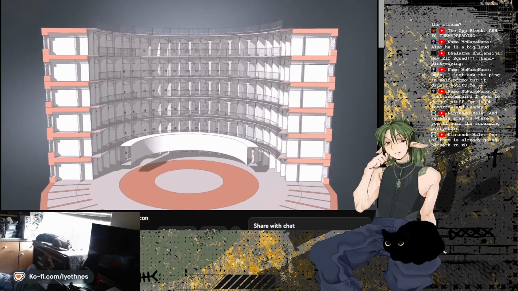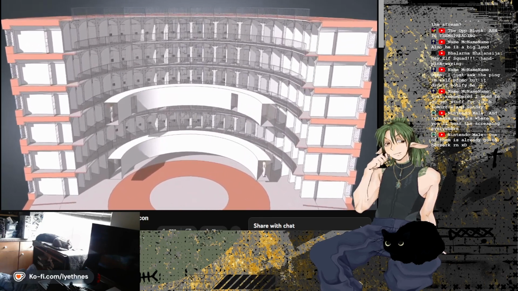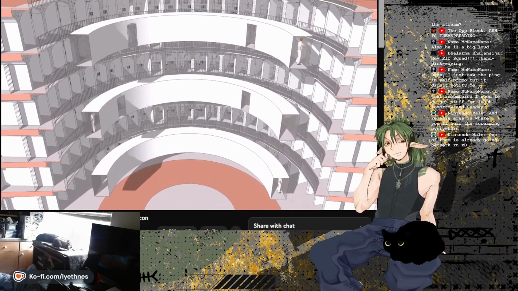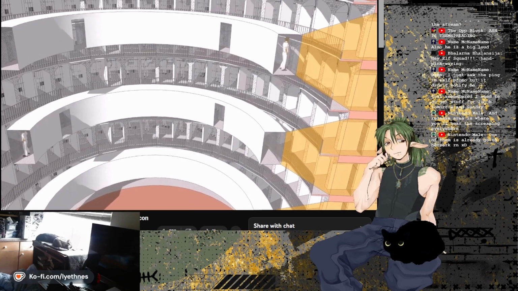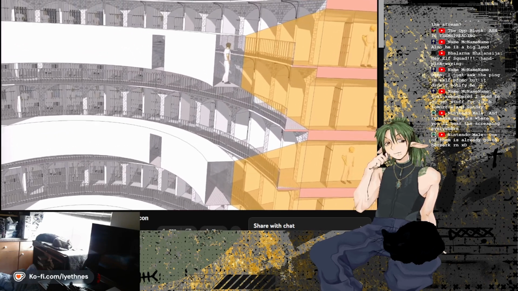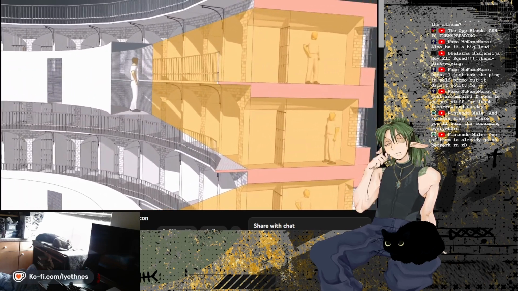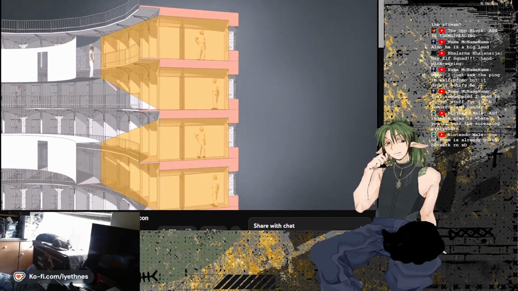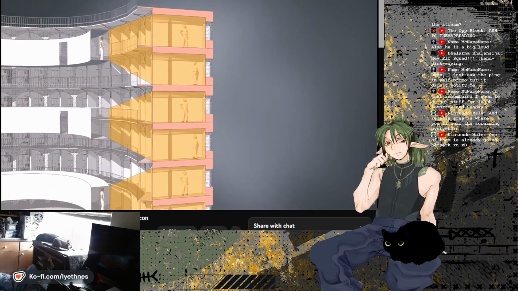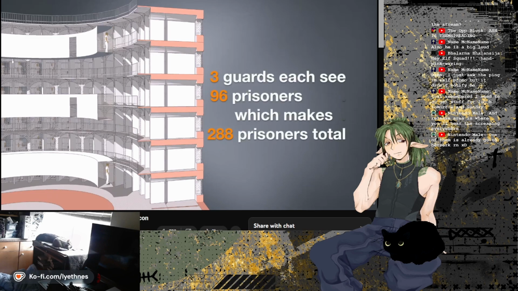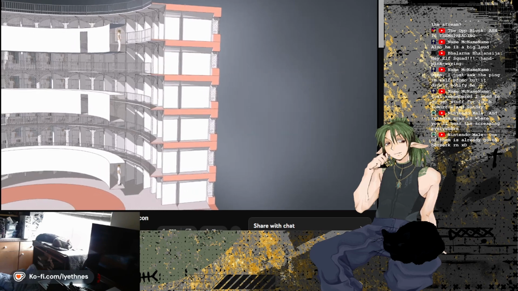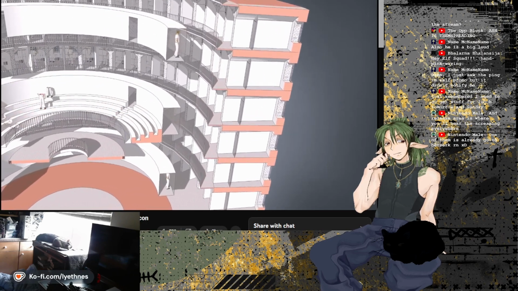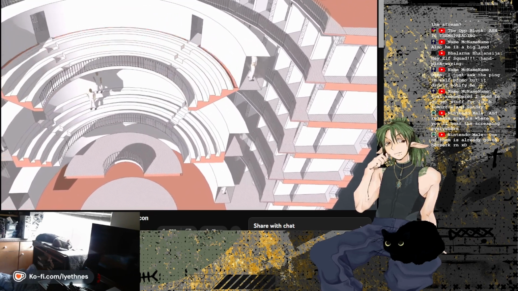On every other floor, there is a surveillance corridor, in which a guard may survey 2 floors of prisoners. The guard watches the prisoners, but the prisoners do not see the guard and do not know when they are watched, and must therefore act as if they were always watched. 3 guards each see 96 prisoners, which makes 288 prisoners total. In the centre of the space, there is an auditorium, in which the prisoners may assemble to be lectured.